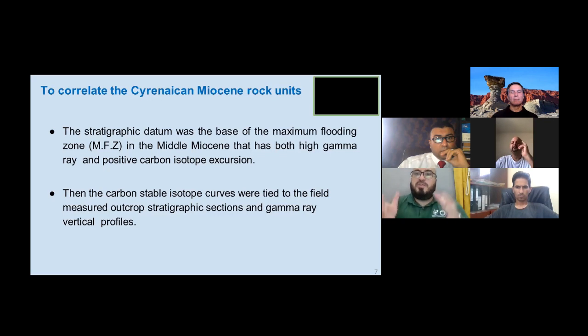Then the studied curves were tied with the gamma ray and isotope profiles to understand the regional sequence stratigraphy of the study area.